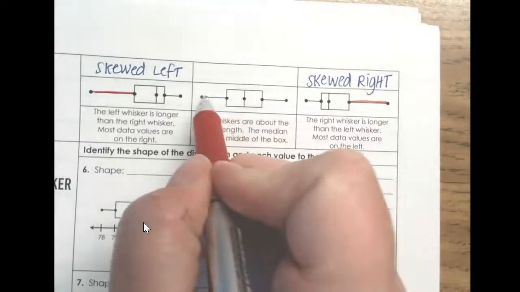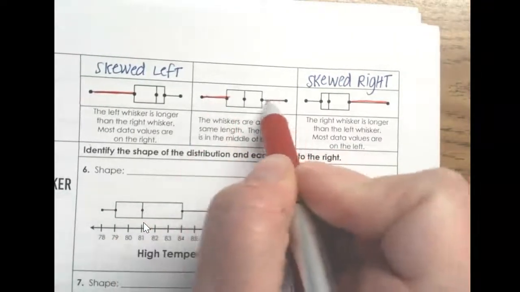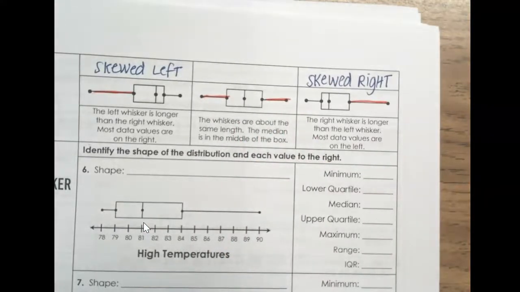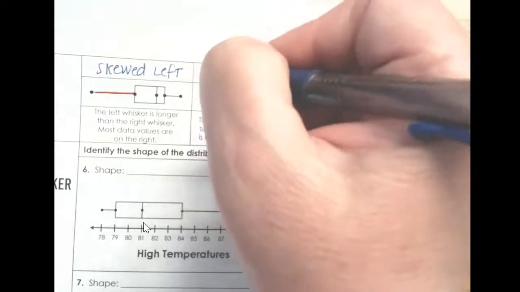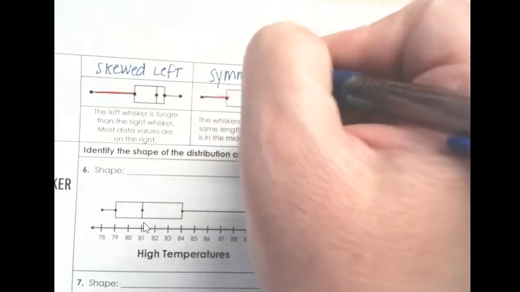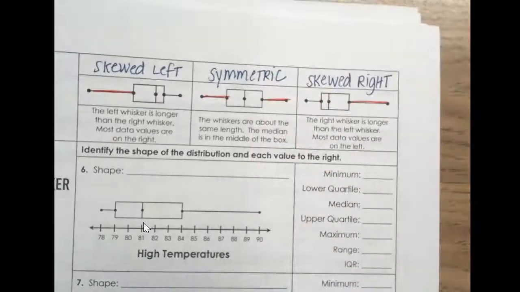When we look at this one in the middle, the left and the right are pretty much the same. So we call that symmetric. And we'll go into this a little bit more later. Okay, so that's really all there is.